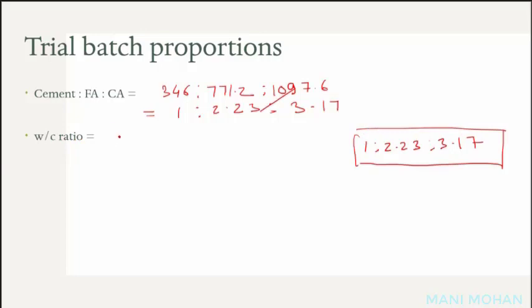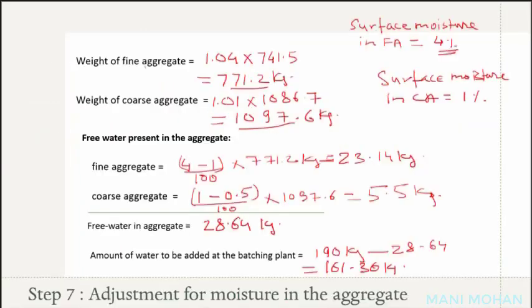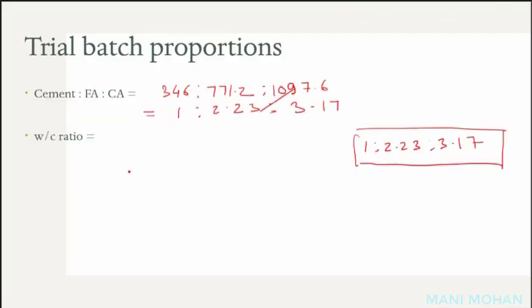If I ask what will be the water cement ratio, the water which you are adding is 161.36 kg. So it will be 161.36 divided by cement, 346, which is 0.466.